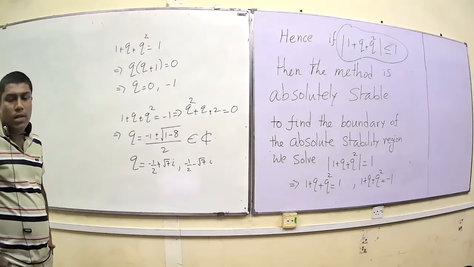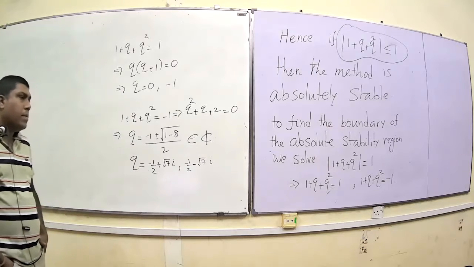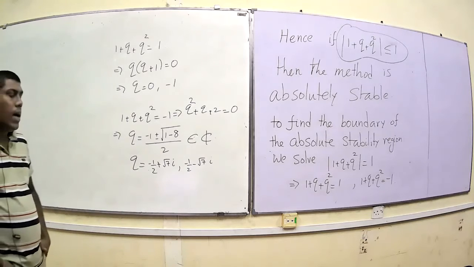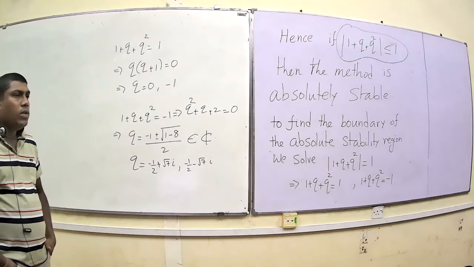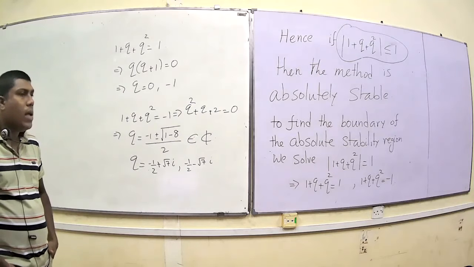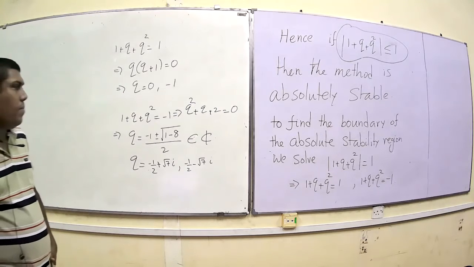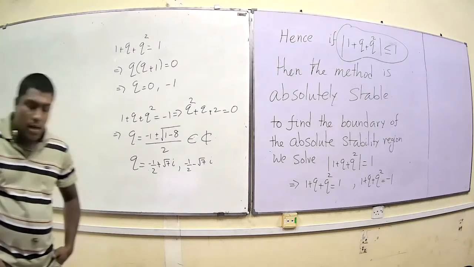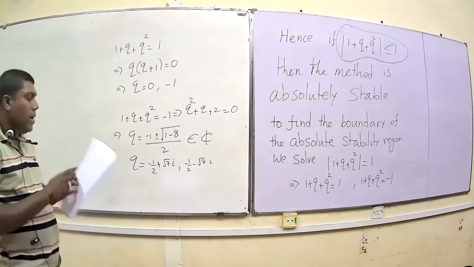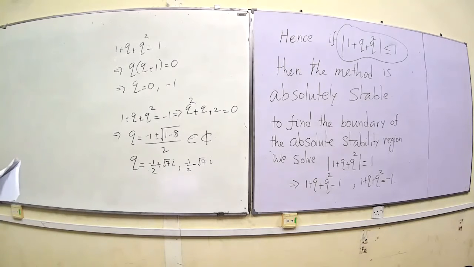So we go back to the basic definition. The basic definition for absolute stability is that as long as the method is stable, the sequence of computed values is bounded for all n. So you look for that boundedness condition and then try to develop the stability condition based on that.